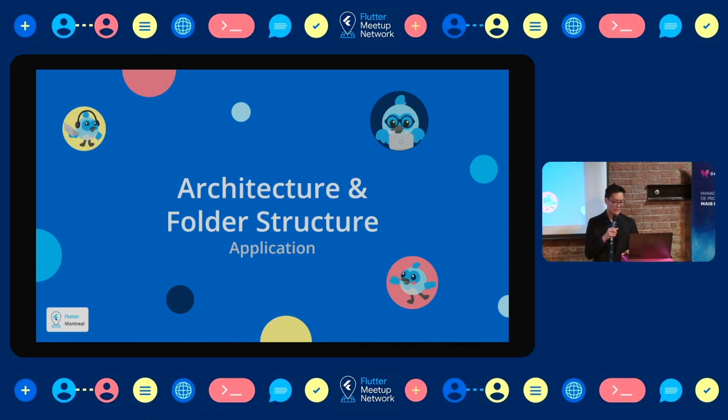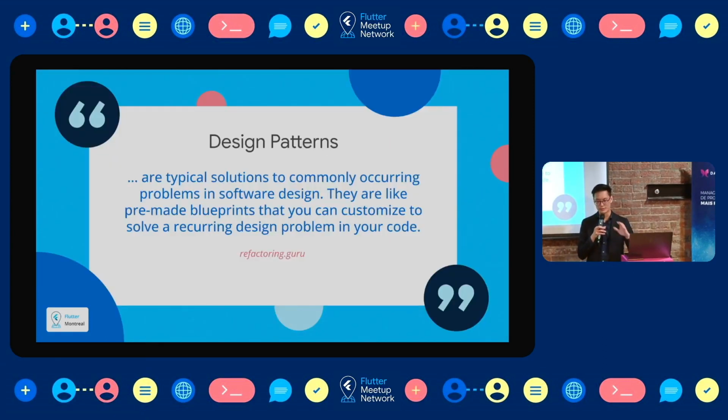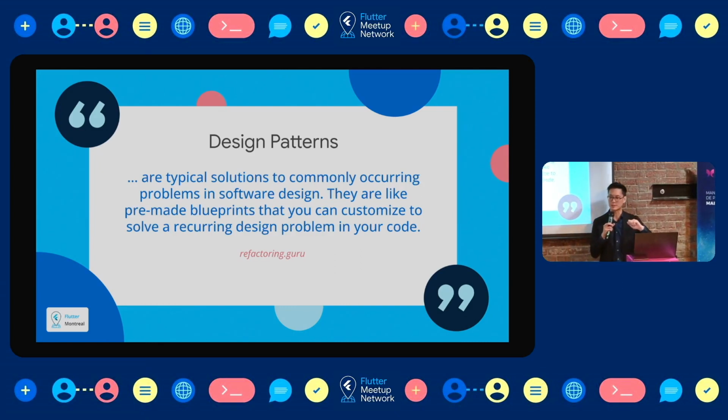We're going to talk about architecture, but in the application sense, not projects like servers, clouds and so on, and how to structure it. Architecture is basically about design patterns.